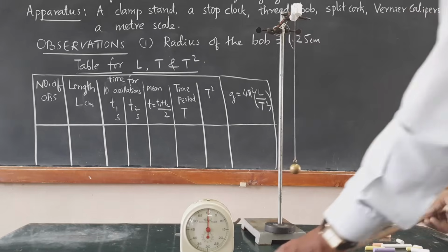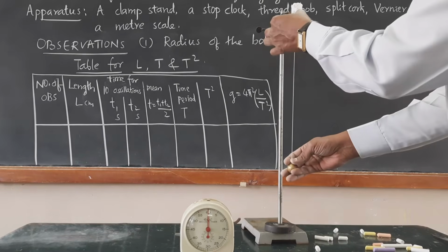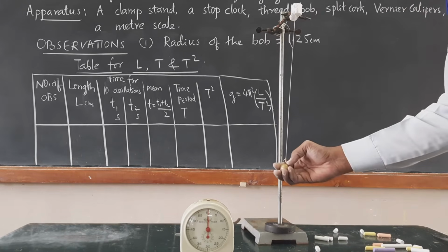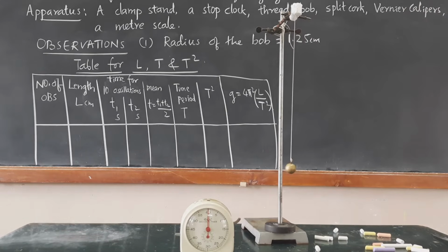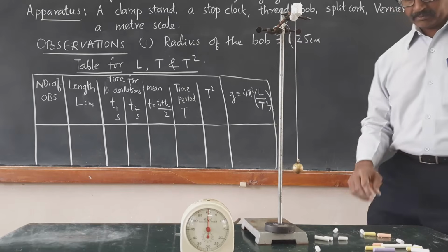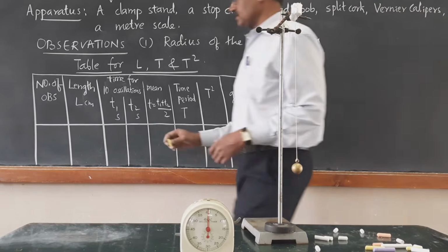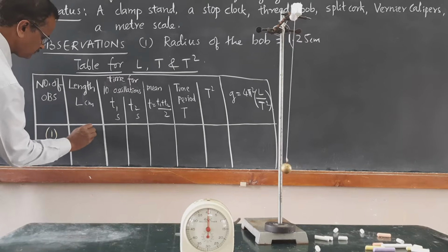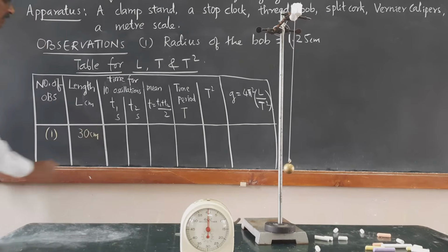I have set it for 28.75 and then pulled it and set it here. From the hook it is 28.75. So 28.75 plus 1.25 becomes 30 centimeter. So the first observation is for a total length of 30 centimeter.